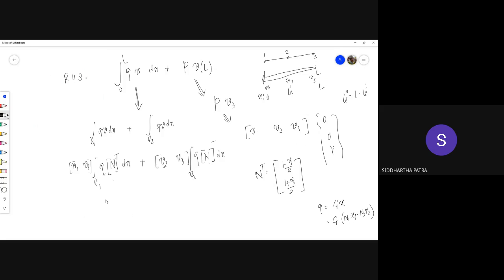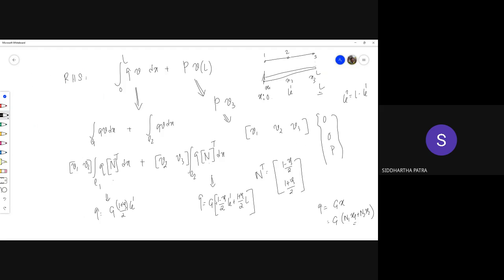Now, for element 1, Q is simply c1 times N2, that is 1 plus xi divided by 2 times Le1. But when it comes to the second element, it is c1 times 1 minus xi divided by 2 times Le1 plus 1 plus xi divided by 2 times L.